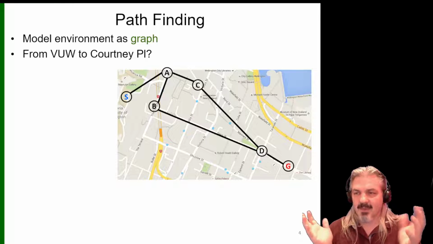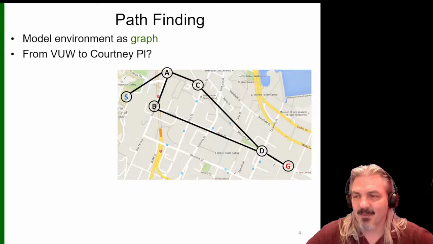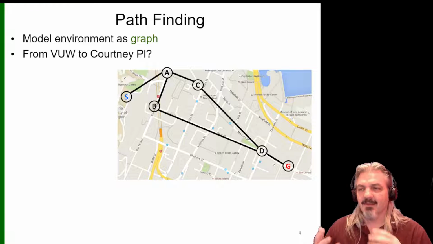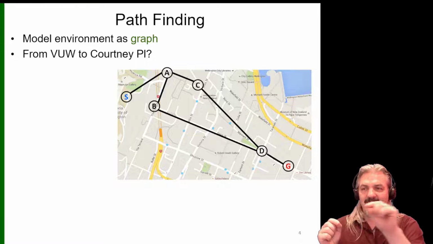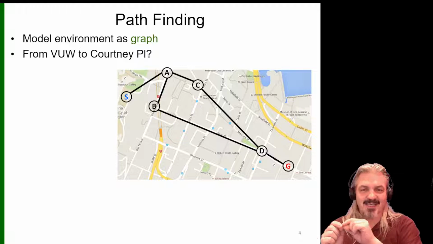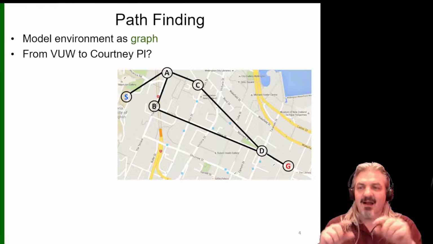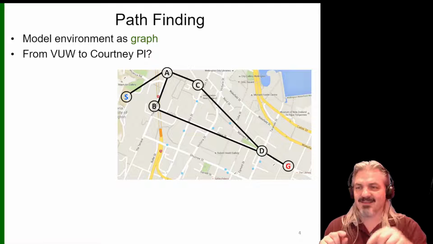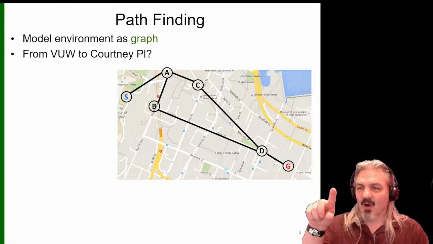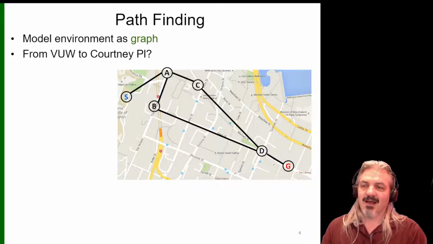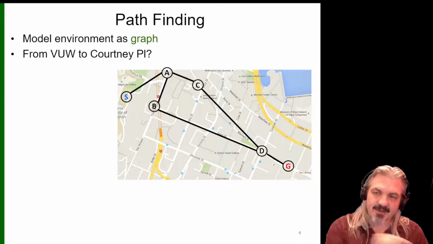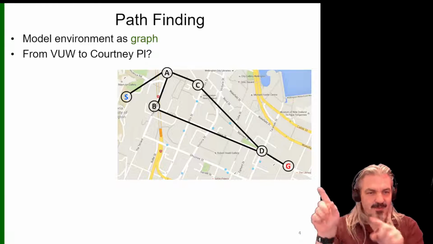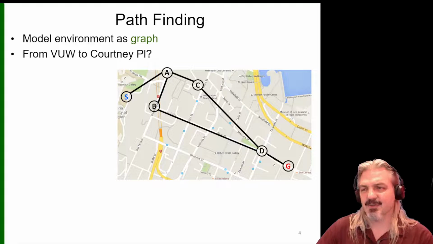Now, if we had a look at the map, say from Kelvin Campus down to Courtney Place, then I've got to walk out from where I start to a node A. I can then either go down the Wiggly Street down onto Willow Street there, or walk along to the terrace and then go down Dixon Street, right? So I've got these two paths that I could do.